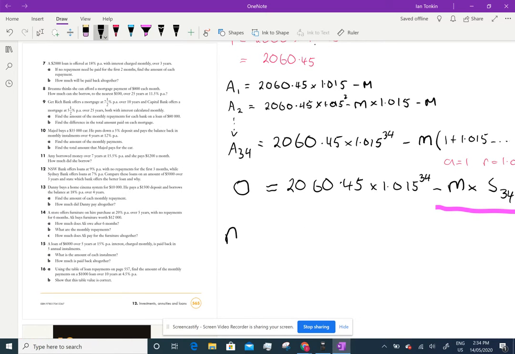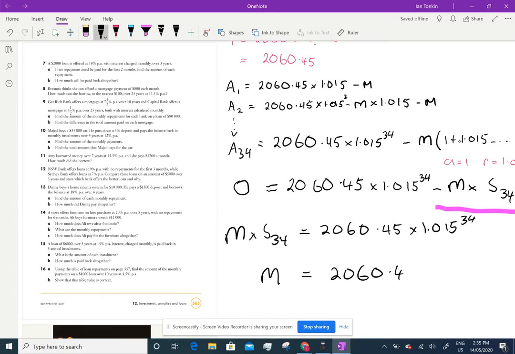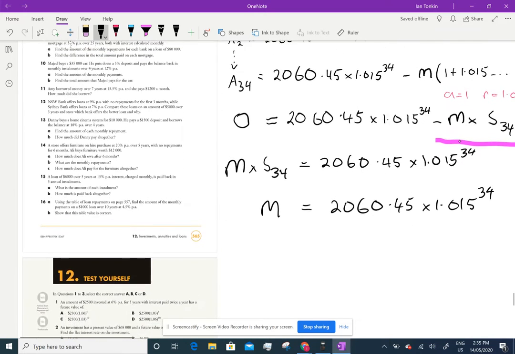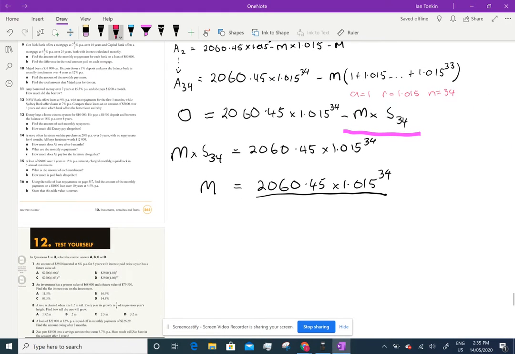So I get m times S34 equals 2060.45 times 1.015 to the 34. So the repayments will be 2060.45 times 1.015 to the 34 over, and now I'm going to sub all these things in for S34.